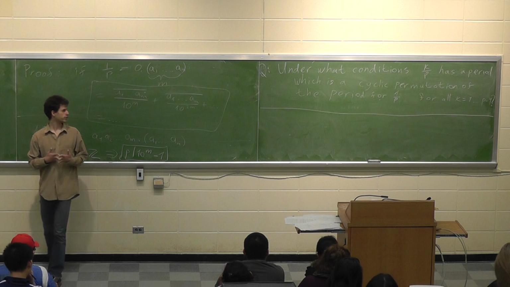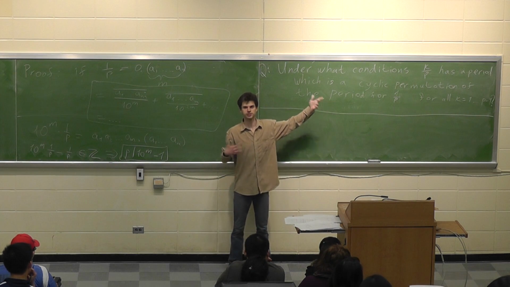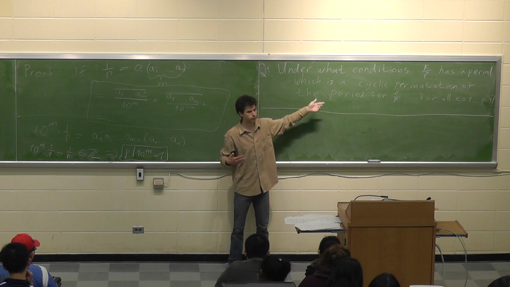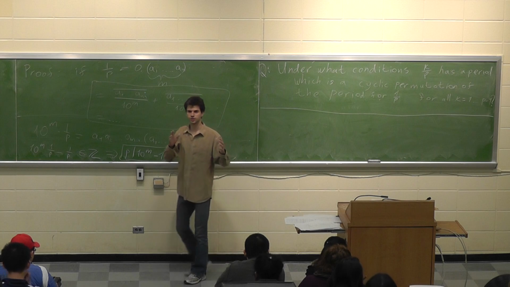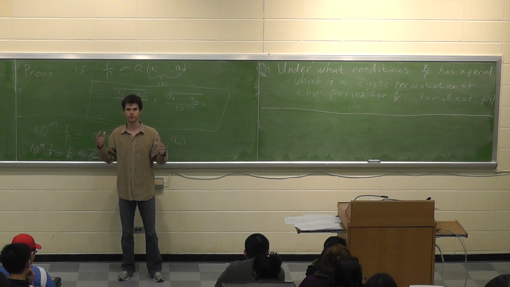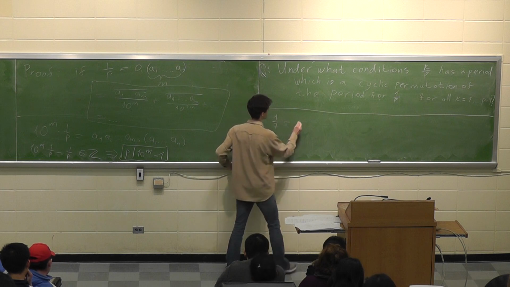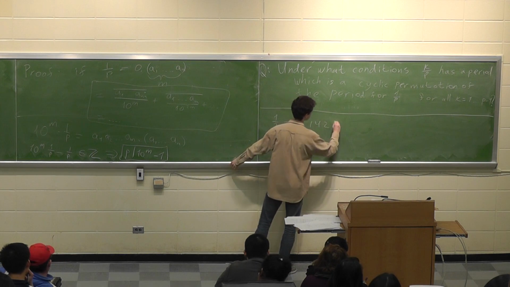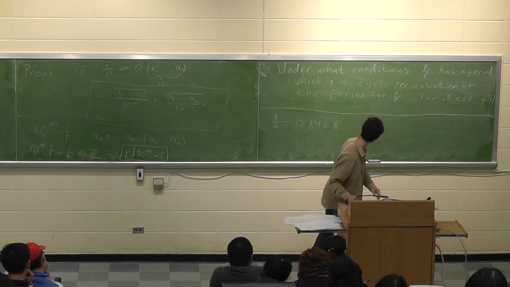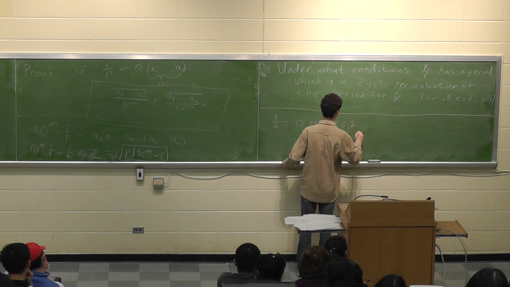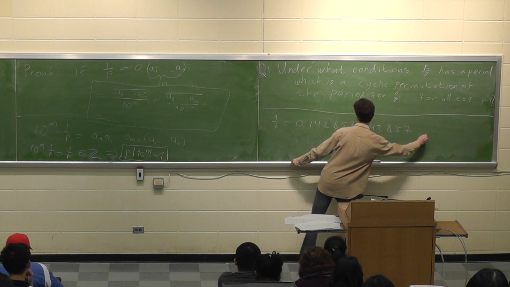For 1 over 7, somehow we observed that 2 over 7, 3 over 7, and so on, all the way to 6 over 7, had a period which was just kind of a shift of the period for 1 over 7. In 1 over 7, we had 0.142857, and so on.